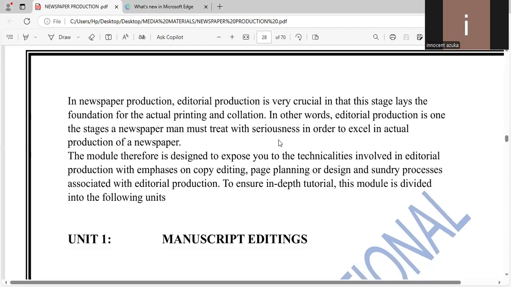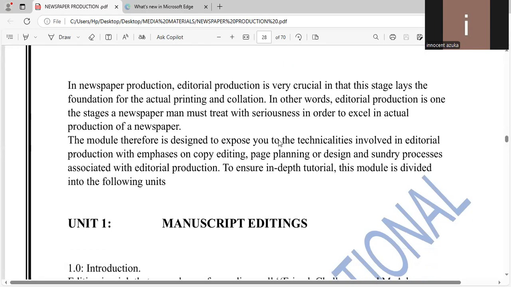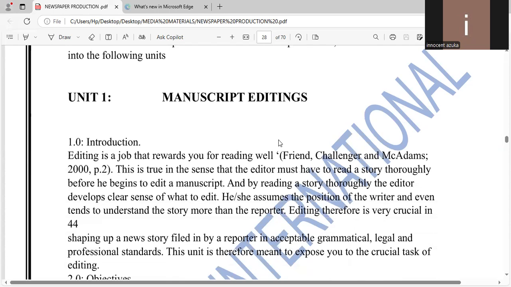So the module therefore is designed to expose you to the technicalities involved in editorial production, with emphasis on copy editing, page planning, and design of sundry processes associated with editorial production to ensure in-depth editorial. Modules are defined in units.